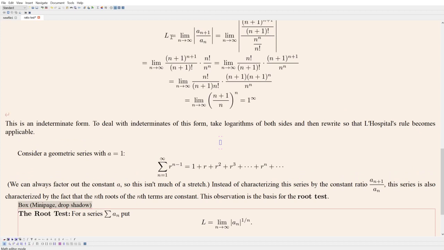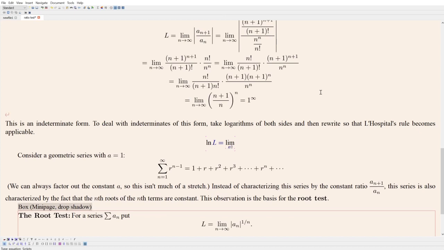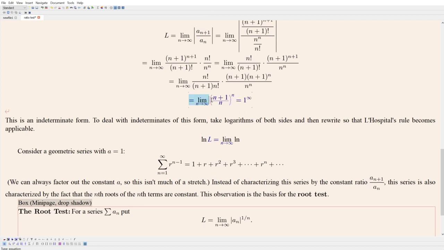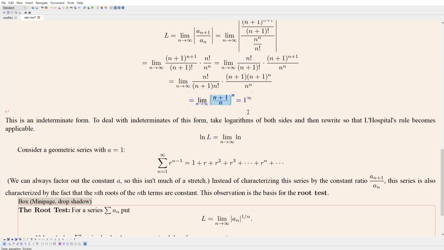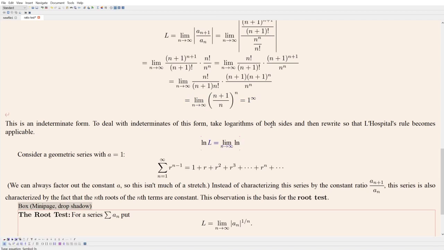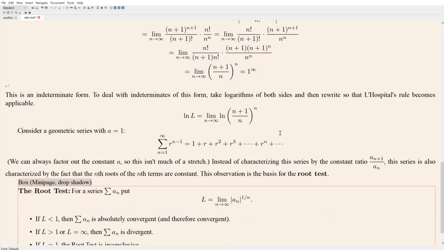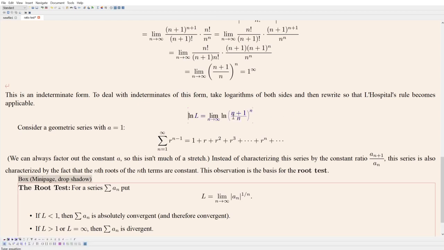Okay, so L is our limit. So the natural log of L is equal to the natural log of all of this, and natural log is a continuous function, which means that I can pull it inside the limit. So natural log of all of this junk. And indeed, the reason we would want to do this in the first place is because when we have an exponential inside the log, we can pull it out front.